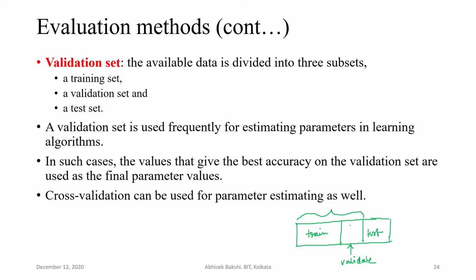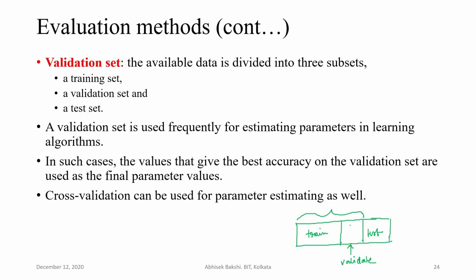Not only this, depending on this validation data set output, there is some special tuning of the parameters used in the model, and obviously, we will see later how we can use this validation data set.